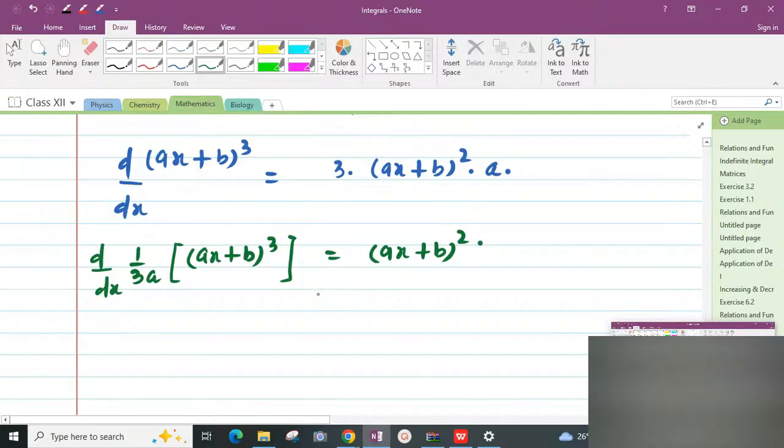Hope that there is no problem to understand up to this step.